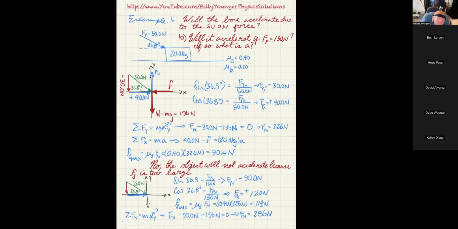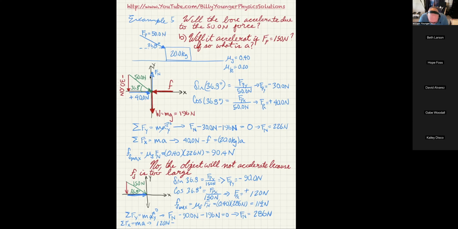So now I can take the summation of forces in the X direction equals mass times acceleration. In this case, it's going to be the horizontal component of Fp, which is 120 newtons, minus the friction force. The friction force was 114 newtons for static, but since this 120 is slightly above that, we're not going to deal with the static coefficient of friction.